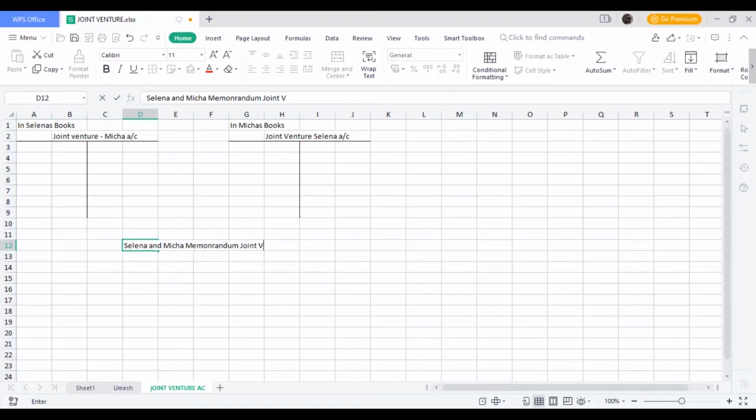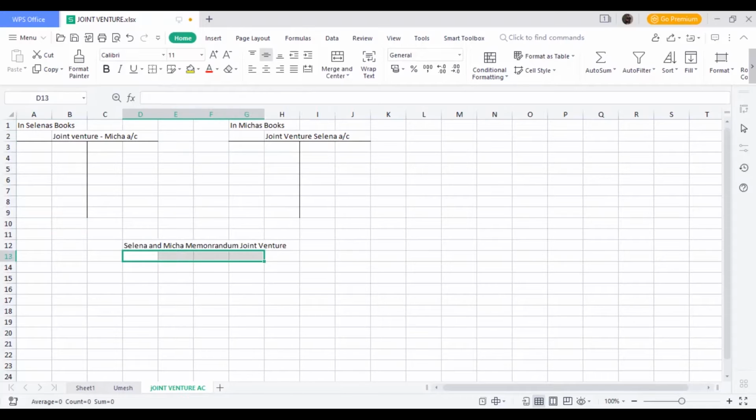This will take the entire profits of both the companies, the profits they have made, and they will share together through this account. So I'll take here this way.